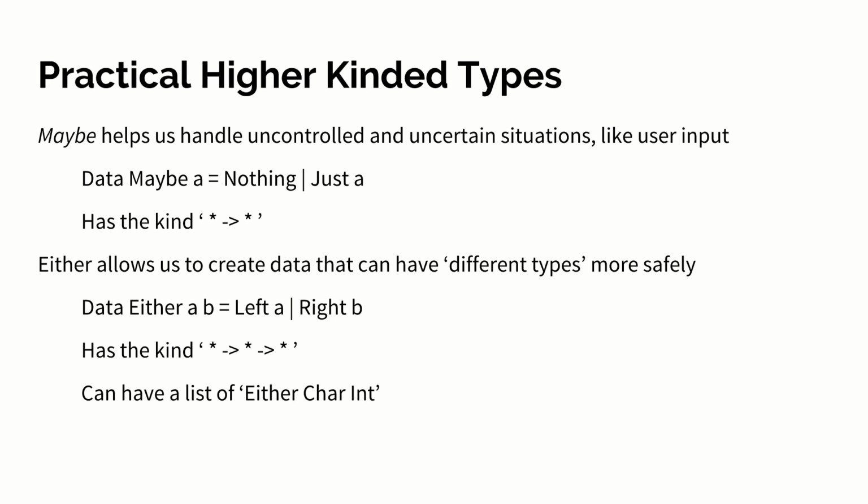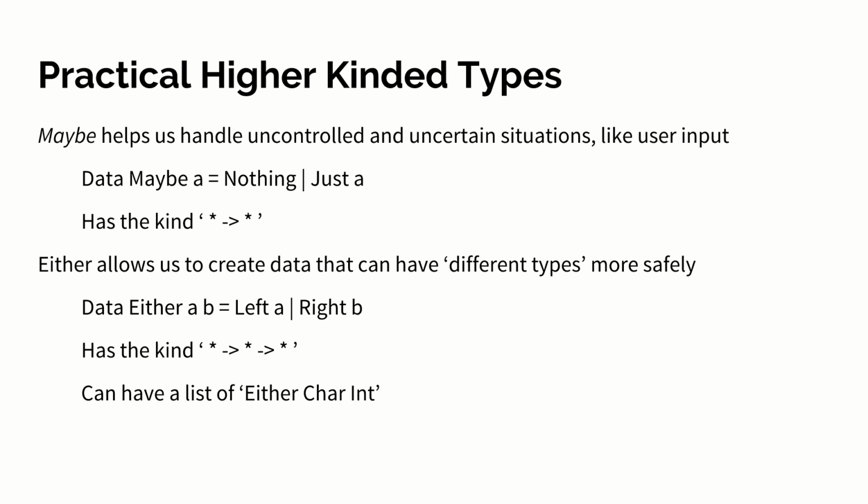The maybe type has two possibilities. It can either be a nothing, or it can be just a, where a is of the type supplied by the program. So in this example, we would have a function that returns a maybe integer.